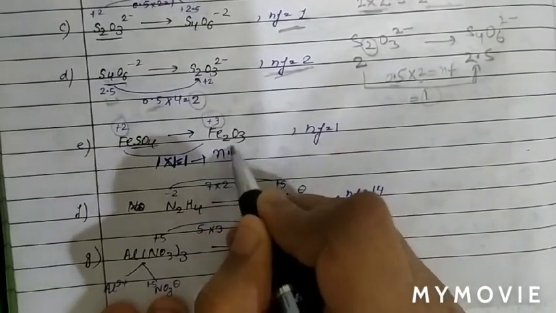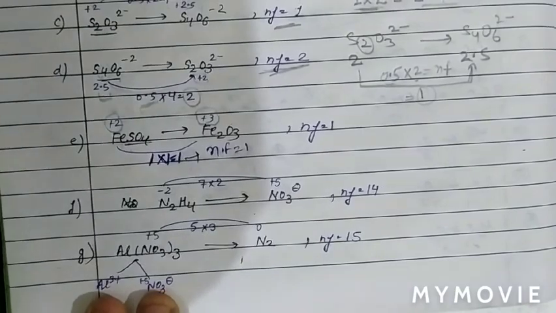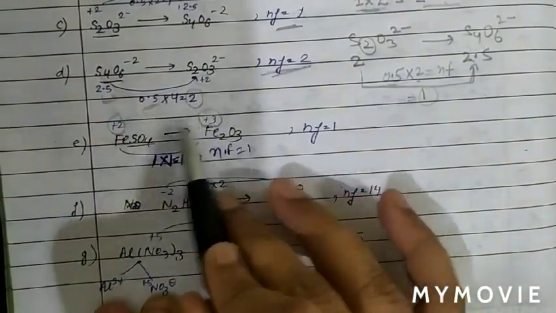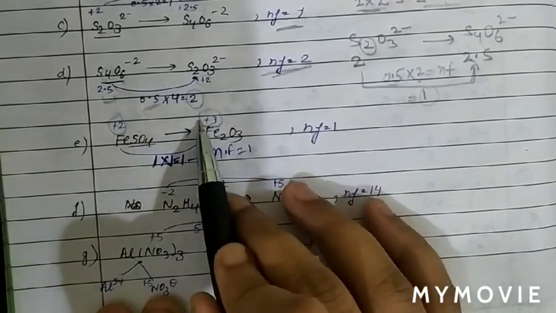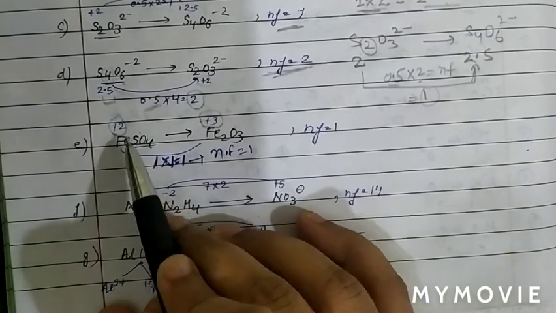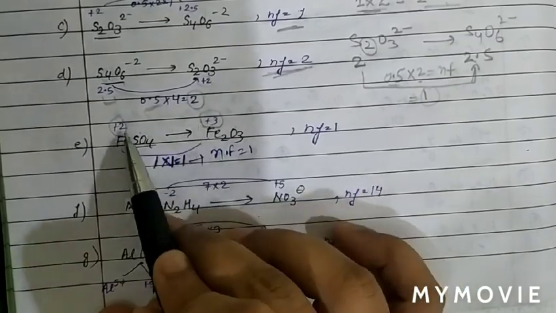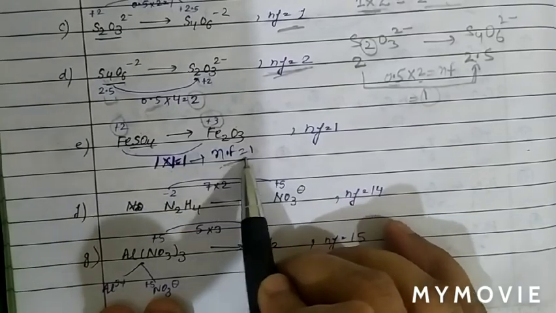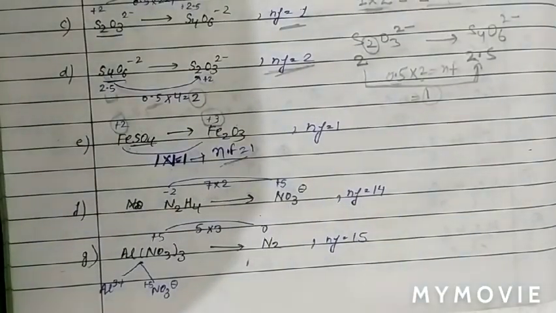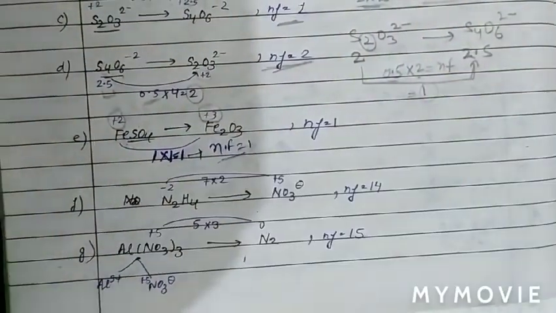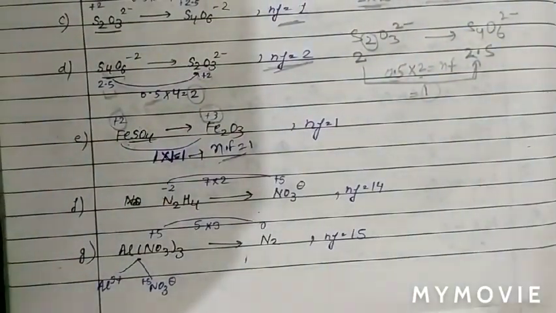As the oxidation state of iron changes from +2 to +3, the change in oxidation state for one atom is 1. And how many iron atoms are there? Only 1. So multiply the change of oxidation state per atom by the number of atoms on the left-hand side. So the n factor is 1. Now see the next question. The next question is we have to calculate the n factor when N2H4 changes into NO3-.